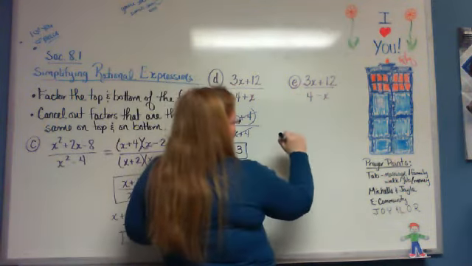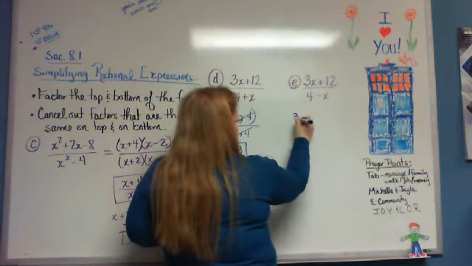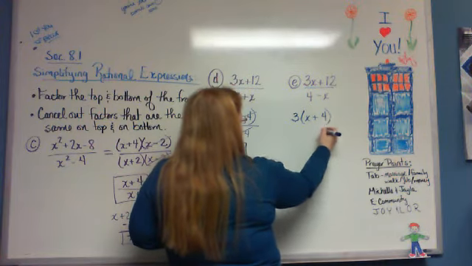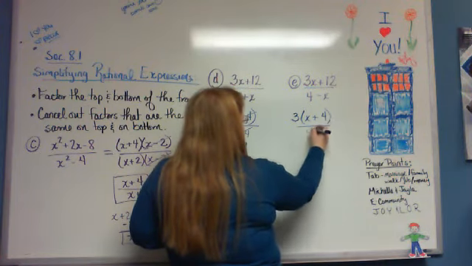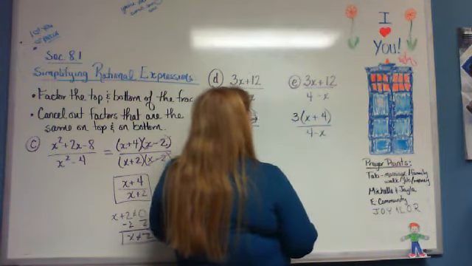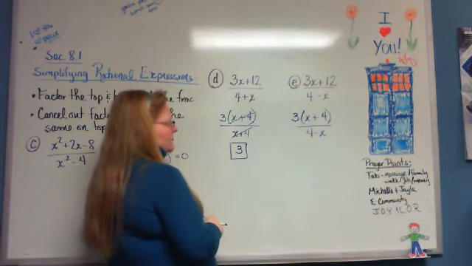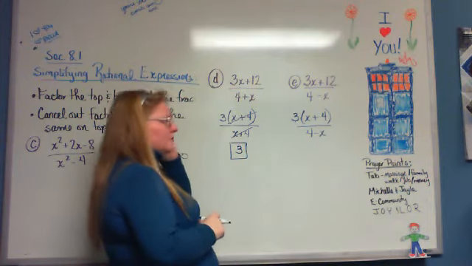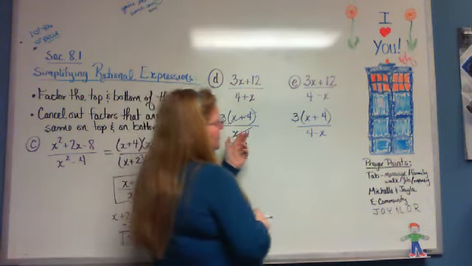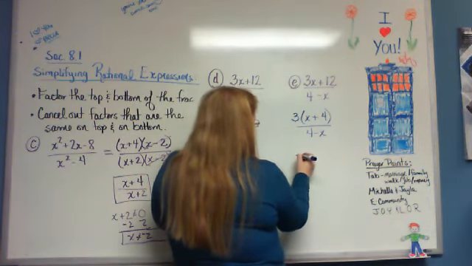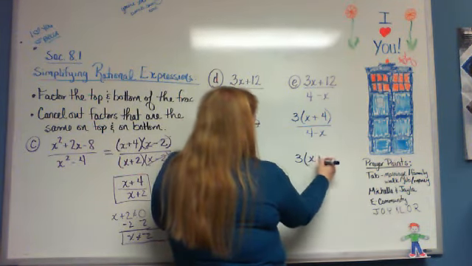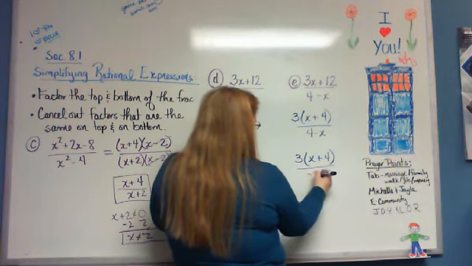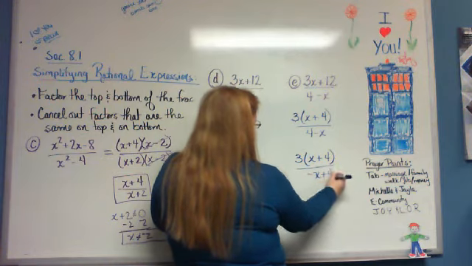Over here, when I go to factor stuff out, I take a 3 out, and I'm left with x plus 4. Down here, I have 4 minus x. Are they the same thing? Well, if I rearrange it, I can rewrite it as 3 times x plus 4 over negative x plus 4.